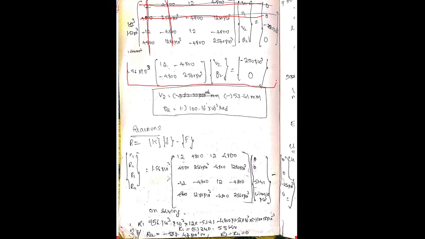Now you have to find out v2 and theta 2. Check out v2 theta 2, same value you are getting.